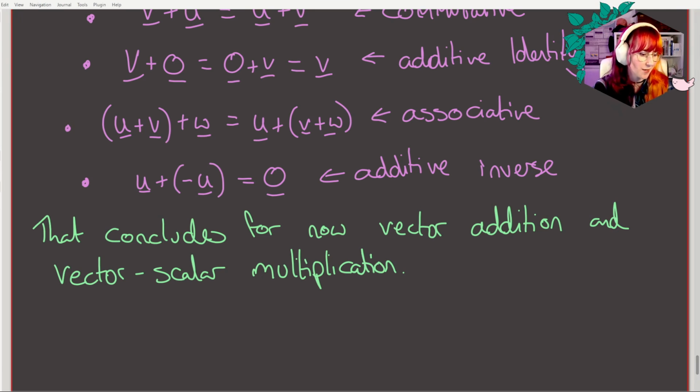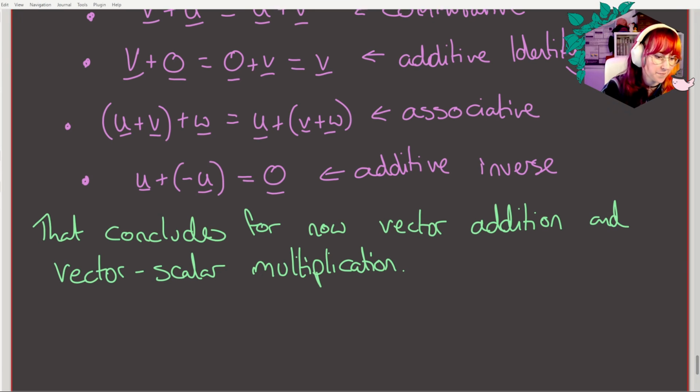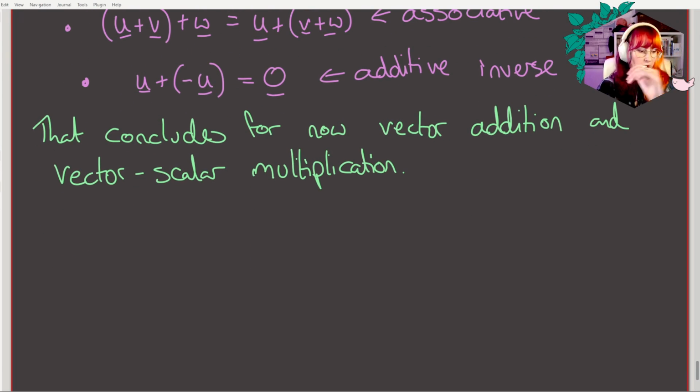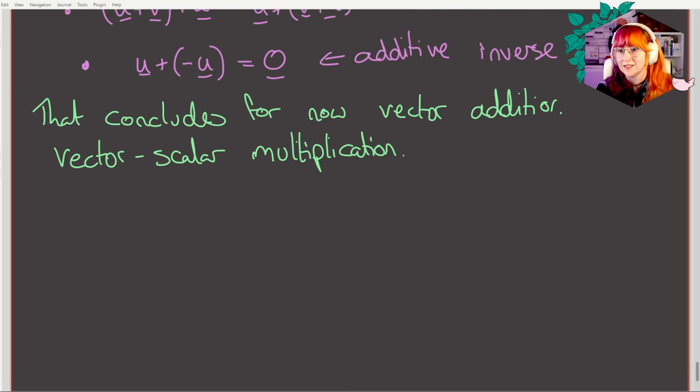And I say for now because we're going to come back to it. But within vector scalar multiplication, actually that doesn't conclude it, because I'm literally about to talk about it again. Sorry.